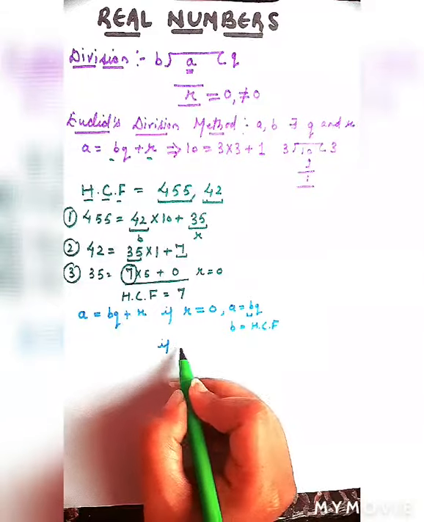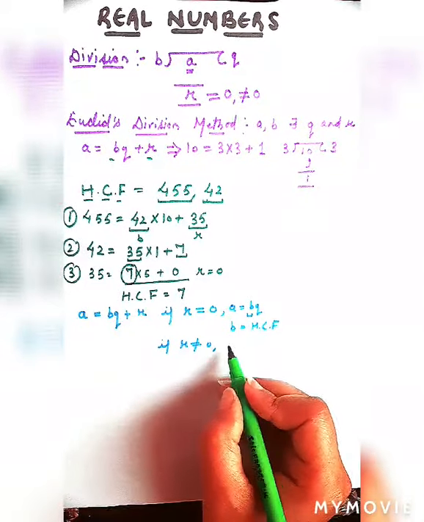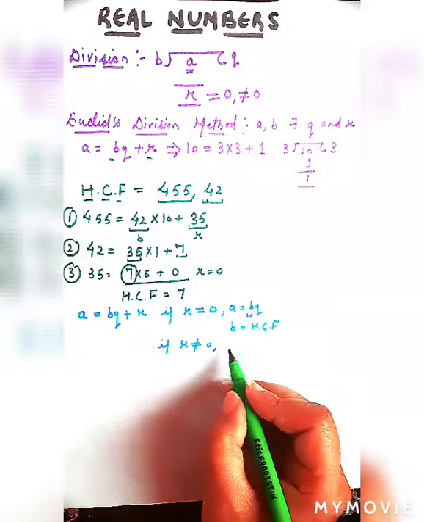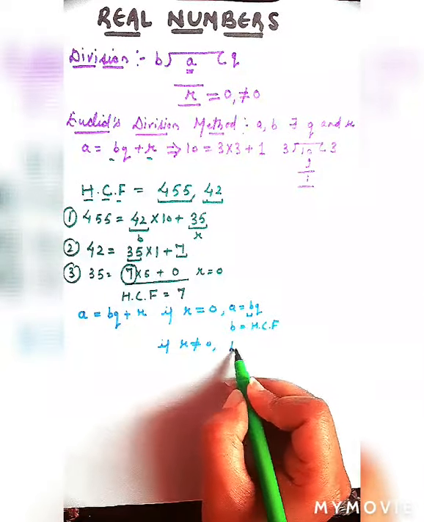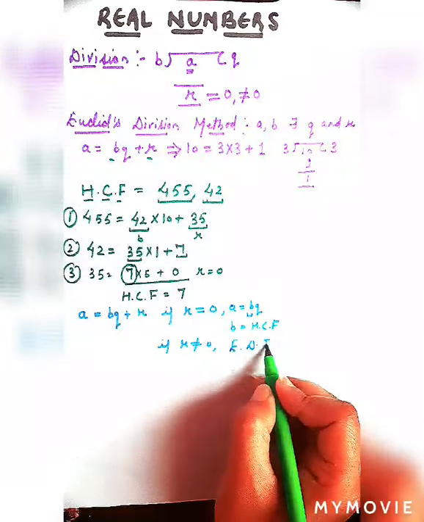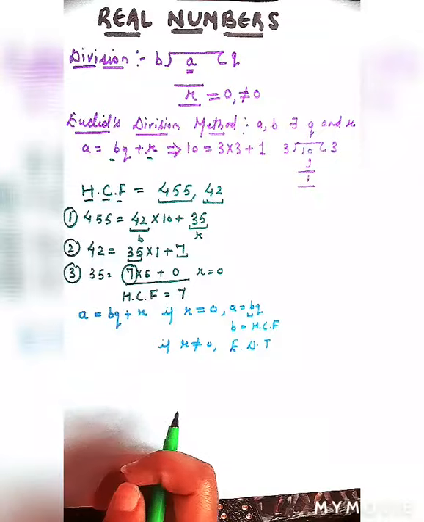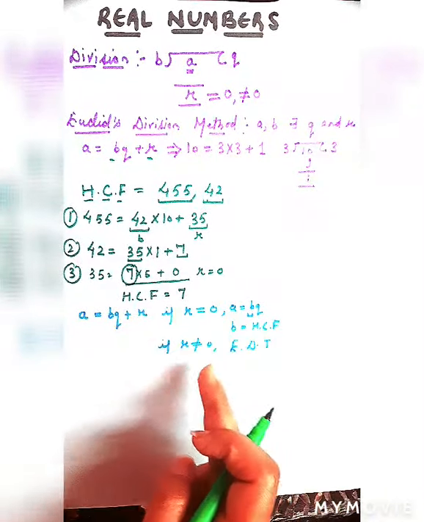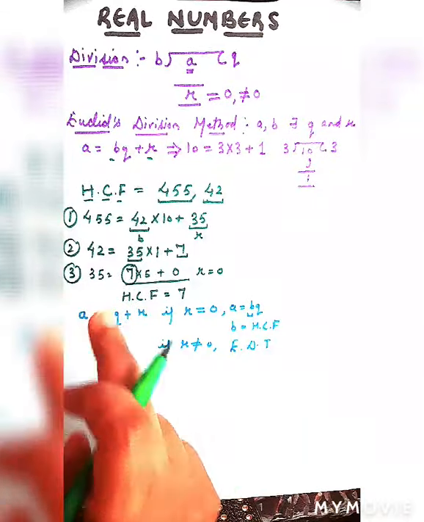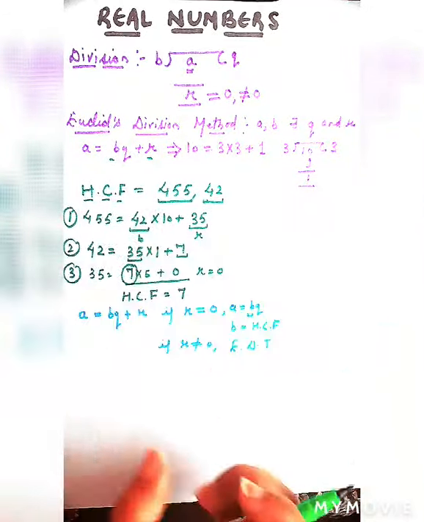Then if r is not equal to 0, in that case our highest common factor will be what? We will follow the above steps. We will use this Euclid division theorem, and the last step in which the remainder will be equal to 0, the divisor in that step will be the highest common factor of those two numbers.